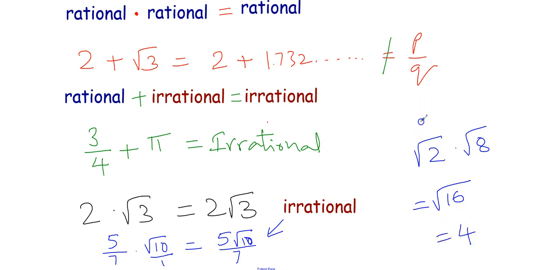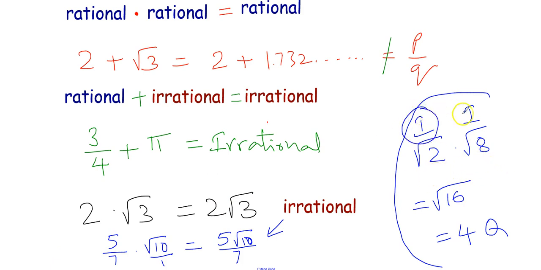So in this case, you are observing that irrational times irrational gives you a rational number, and it need not be true in all the cases. If this number is 7, for example, square root of 7, the result will be different. That's why we don't use this as a rule that an irrational number multiplied with an irrational gives you rational. It need not be true in all the cases.